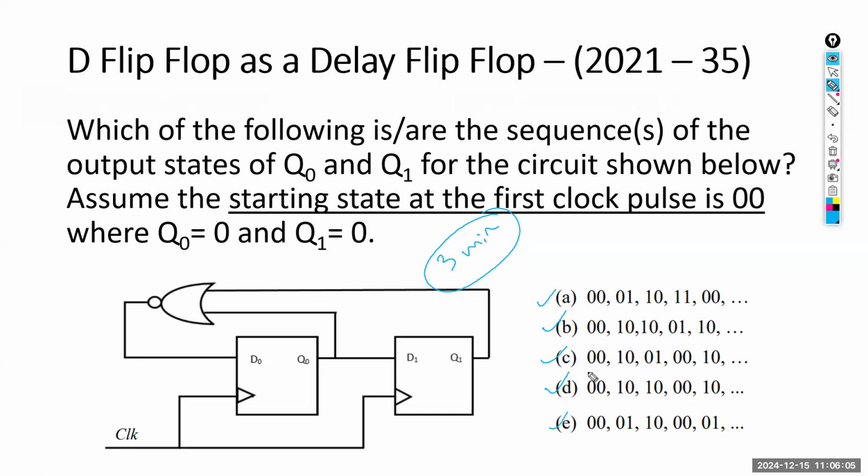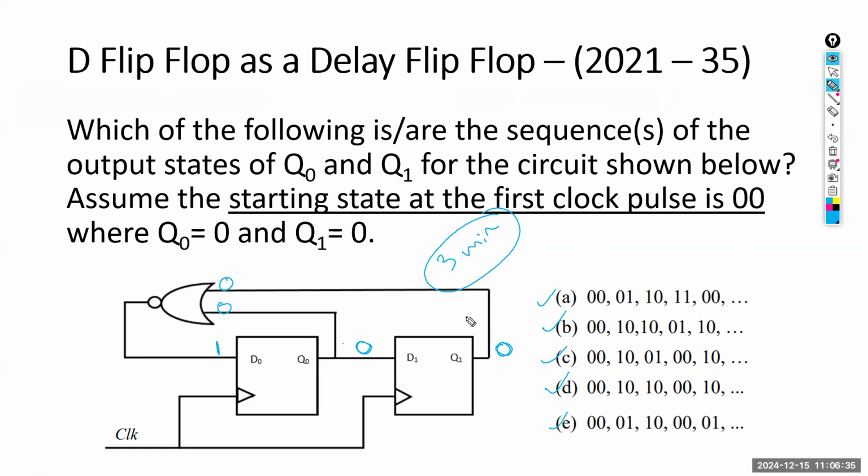So I'll give you a small hint. It says the starting state at the first clock pulse is 0 0. So that means you can start like this: Q0 is 0, Q1 is 0. This is your starting point. Now you can assume that this 0 is fed here, this 0 is fed here; 0 OR 0 is 0, NOT 0 is 1, therefore this is 1.